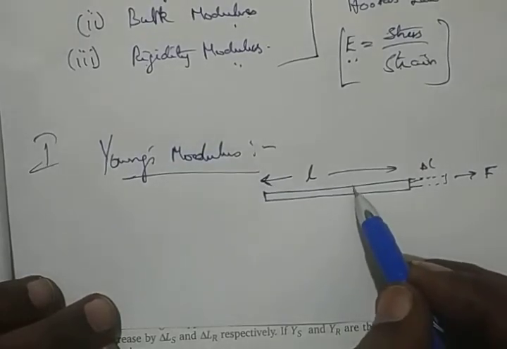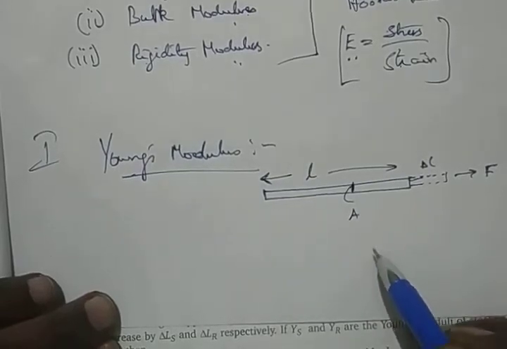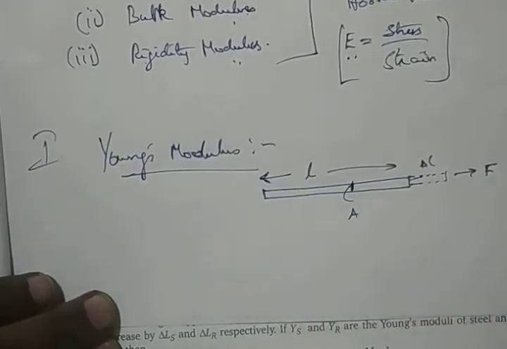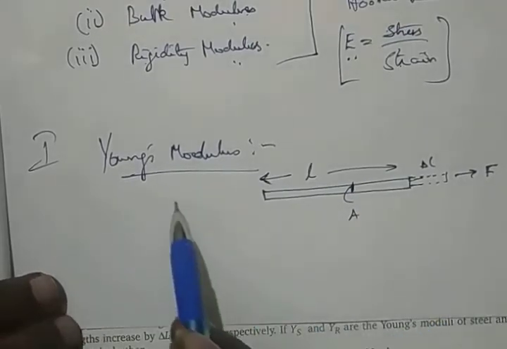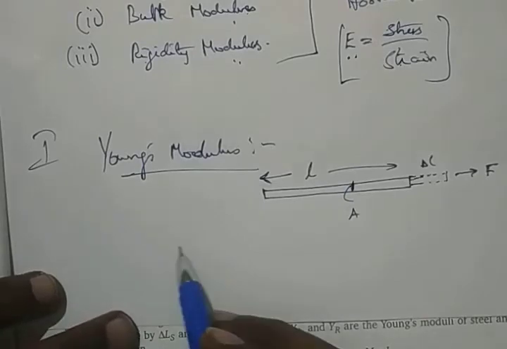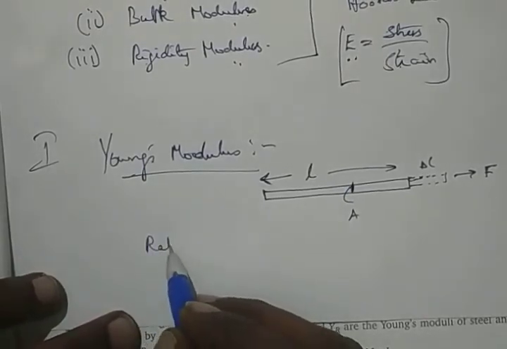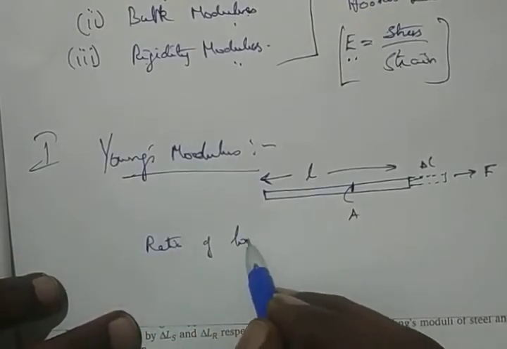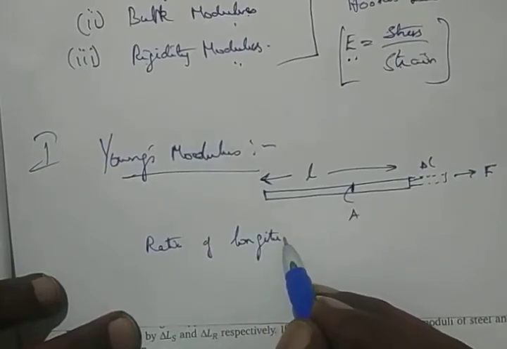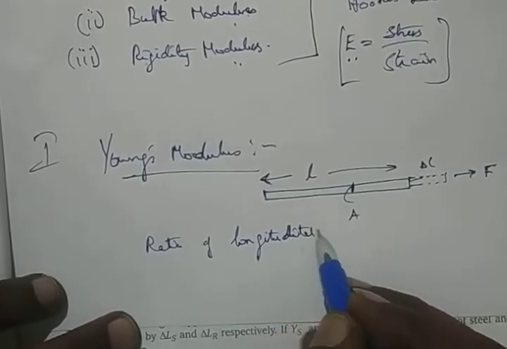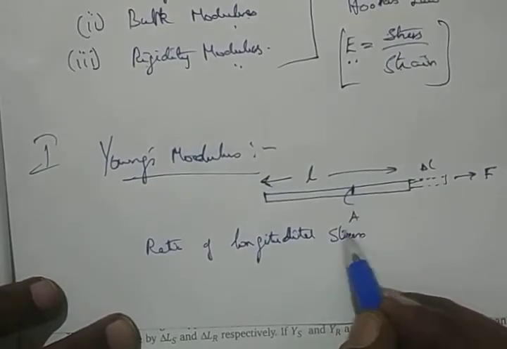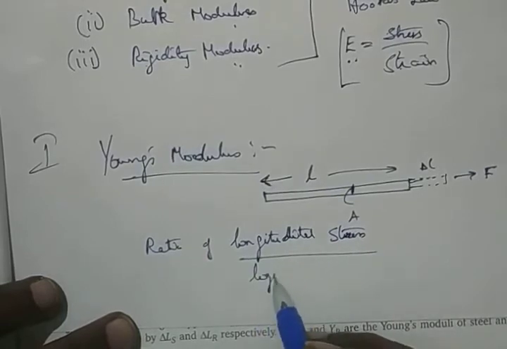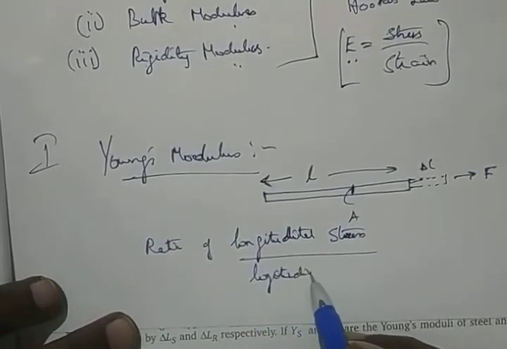There is an area of cross section, capital A, whatever the thickness is, but the length is getting changed from one length to another. So Young's modulus of elasticity is the ratio of longitudinal stress to longitudinal strain.